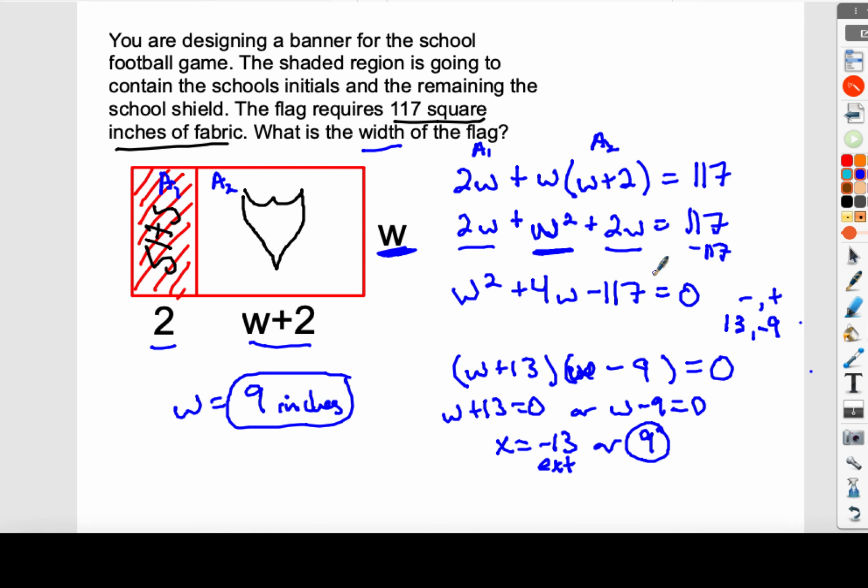If you're equal to 0, that'll give you the opportunity to factor, split those two factors, and solve. I hope that helps you in working out those word problems, or any problem where you have a squared variable and you're not equal to 0. Solve for 0, factor, split, and solve.